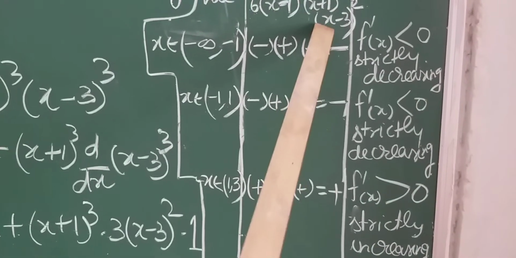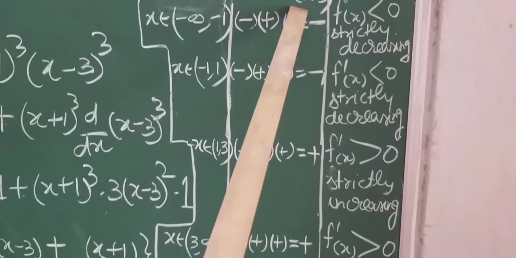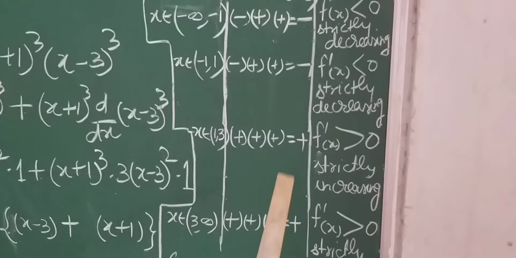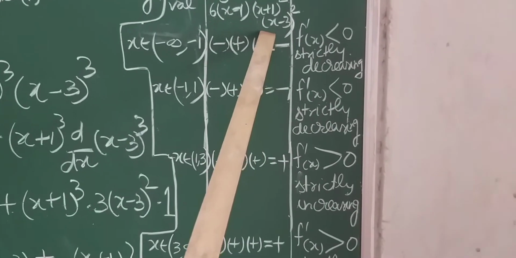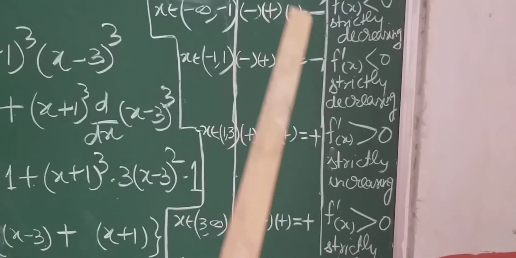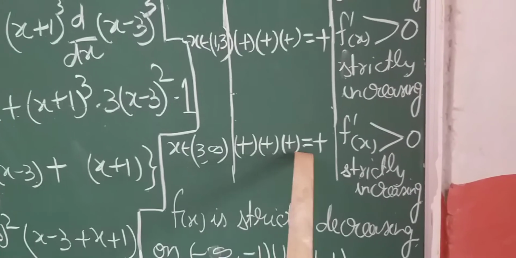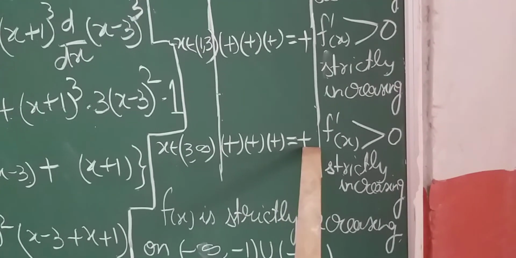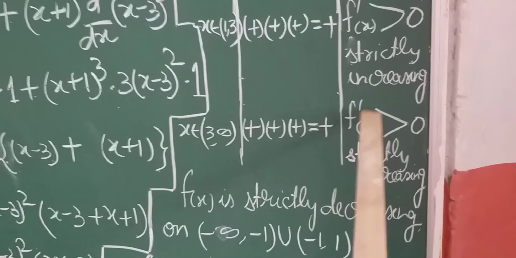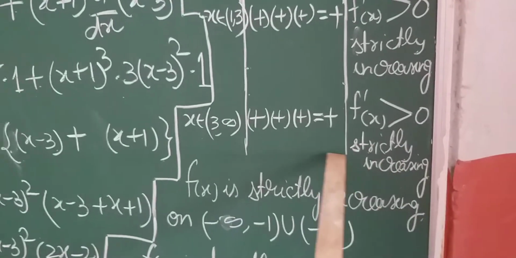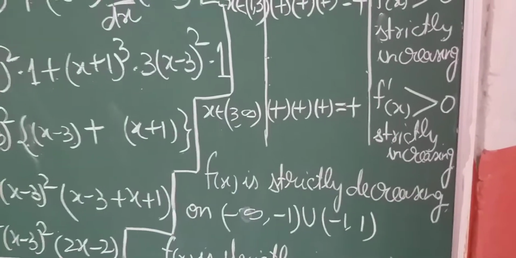When we put 4 here in (4 minus 3) whole square, then 1 square is 1, it is also positive. So you can see, students, all are positive, it means the overall sign is positive. f dash x greater than 0, then the function is strictly increasing.